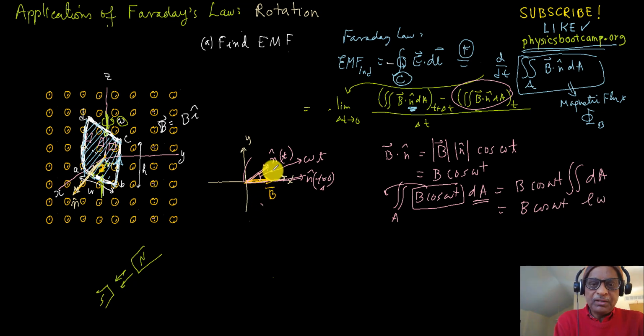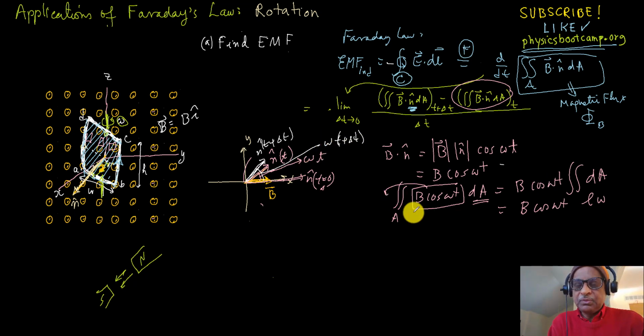How about a little bit later time, when n hat is pointed that way, at t plus delta t, and so this angle is now omega times (t plus delta t). So all of this formula will go through.